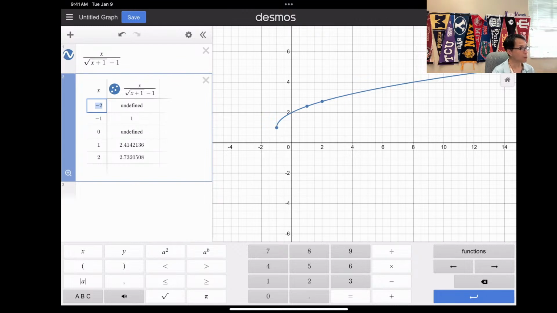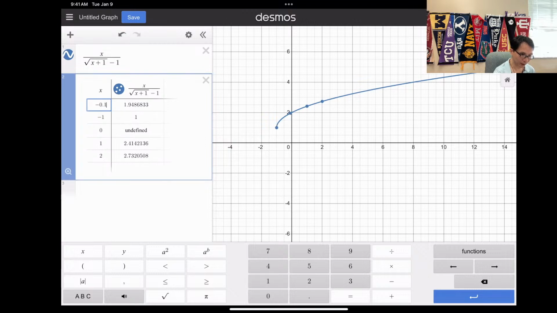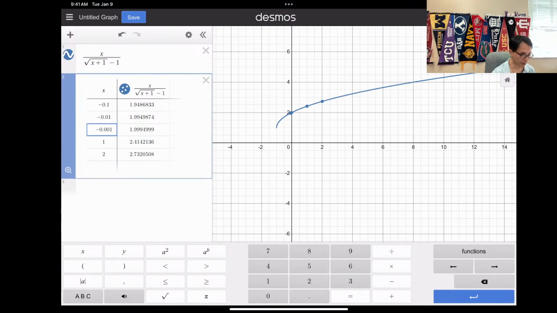So 0. How do I approach 0? You can approach 0 by negative 0.1, then negative 0.01, and negative 0.001, like this.